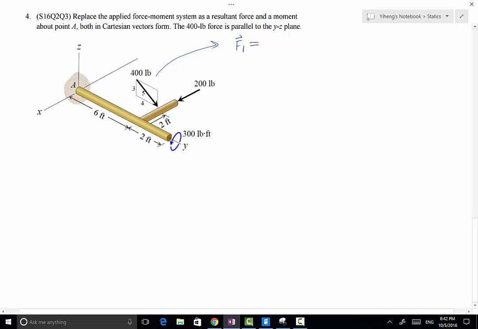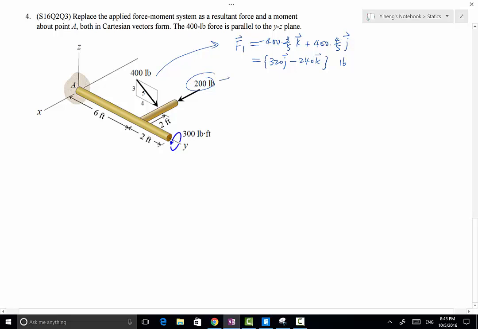Therefore, it has 3 over 5 times 400 component along the negative K component, and 4 over 5 component along the Y direction, so positive J direction. Therefore, this equals 320J, we need to write J first, and then minus 240K in the unit of pound.